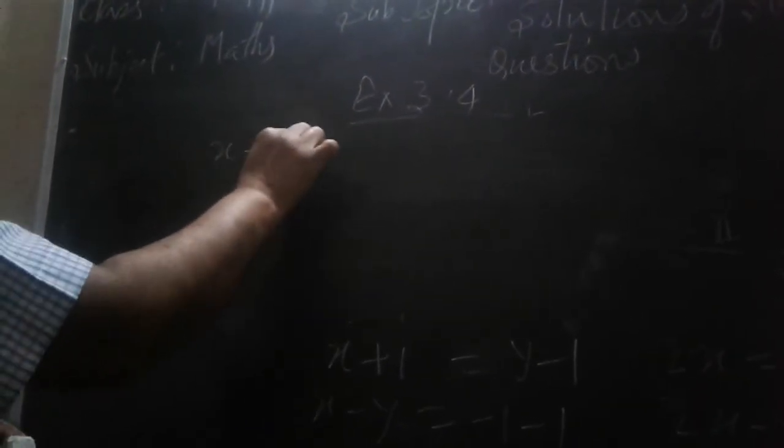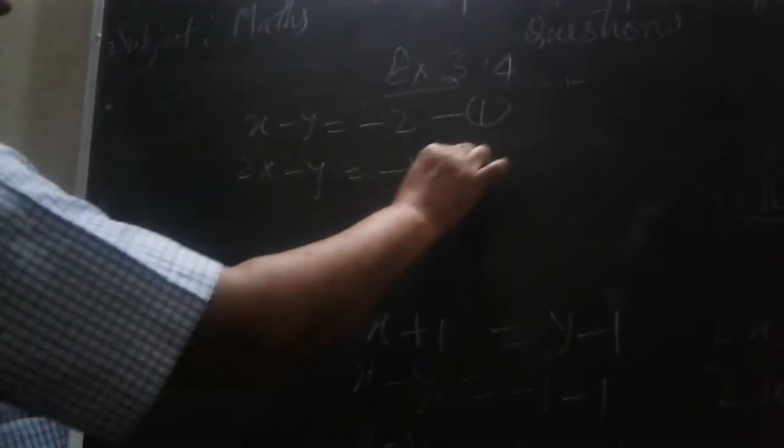One equation we have is x minus y is equal to minus 2. The second equation is 2x minus y equals 1. In this way we have got two equations, a pair of linear equations. Equations have been formed. Now we have to find their solution by the elimination method. In elimination, as already taught, we have to eliminate one variable.